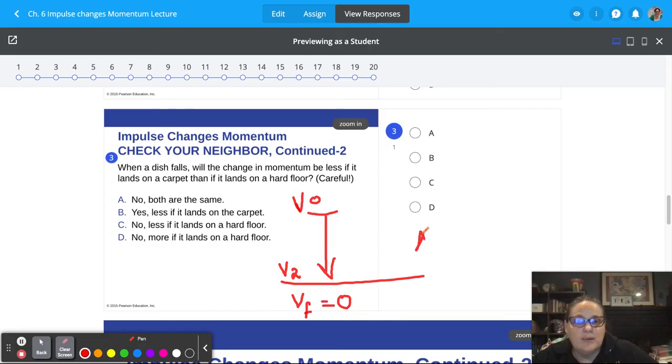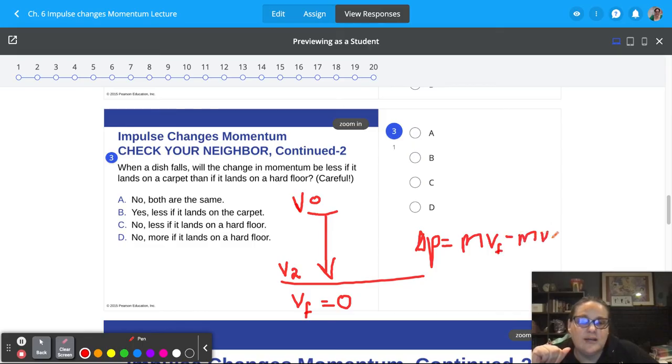So your change in momentum is going to be a fixed value regardless of where it lands. If it lands on carpet or if it lands on tile, it's going to have the same change in momentum, because remember that change in momentum is mass times final velocity minus mass times initial velocity.